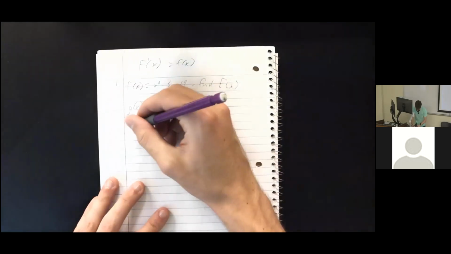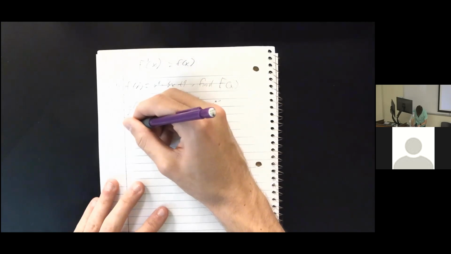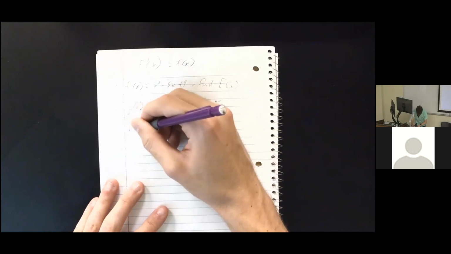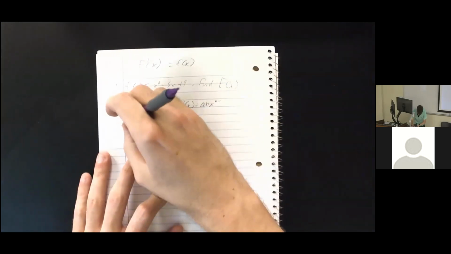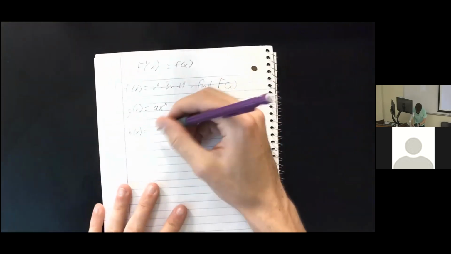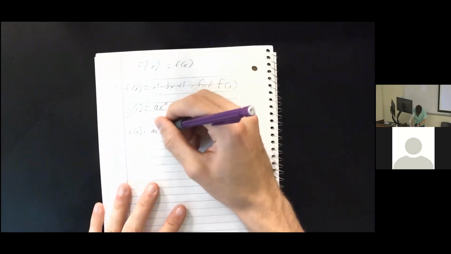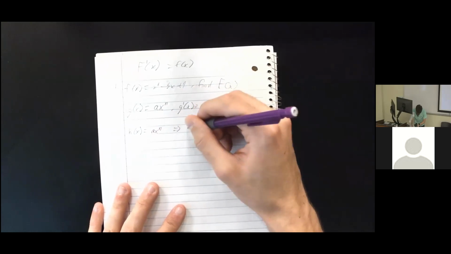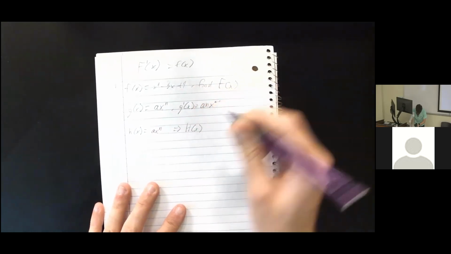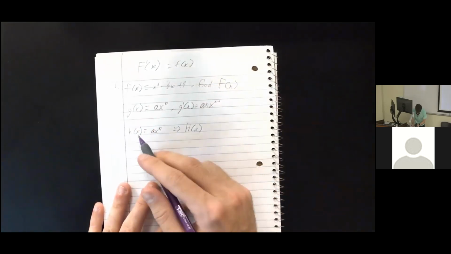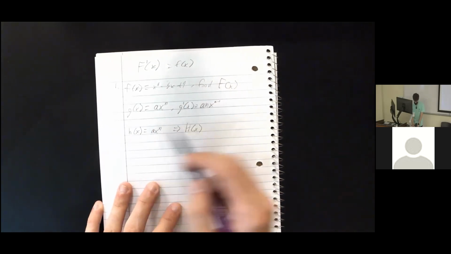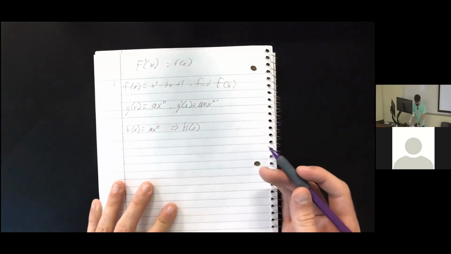Okay, so let's think about it with some function h of x, we can just say h of x equals a x to the n. It's similar to this, so the derivative of this is this, so the antiderivative of this function is this function. What do we do?